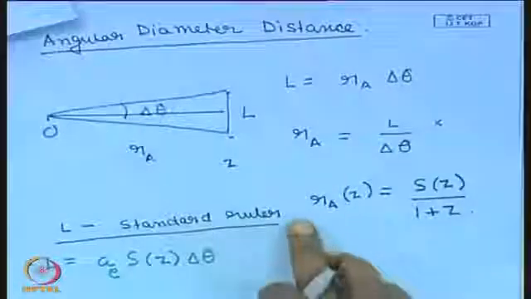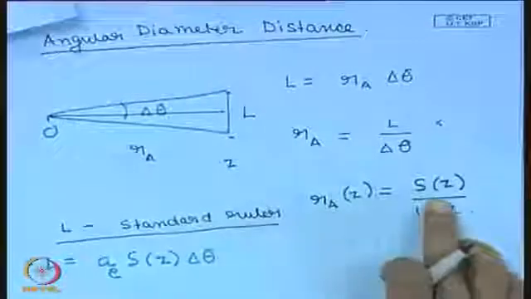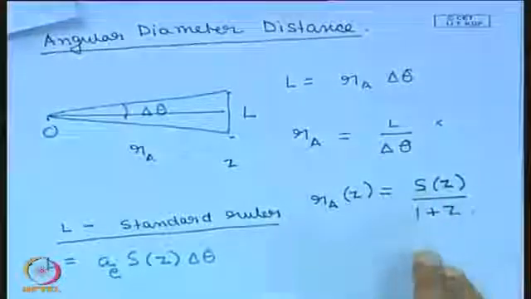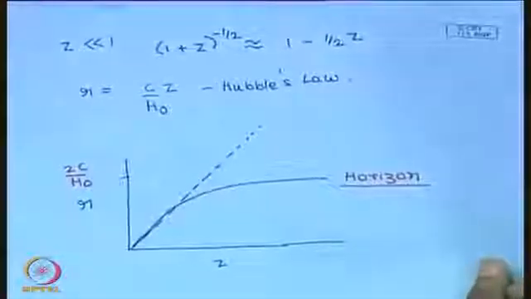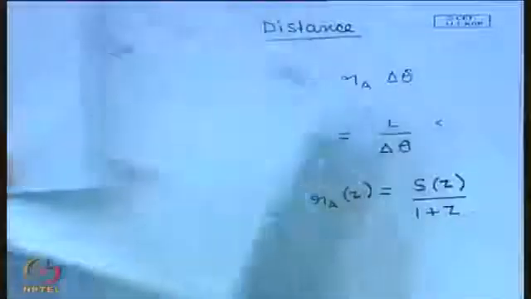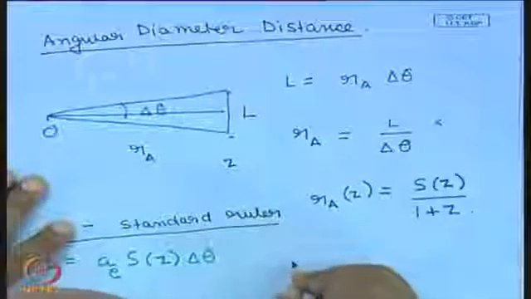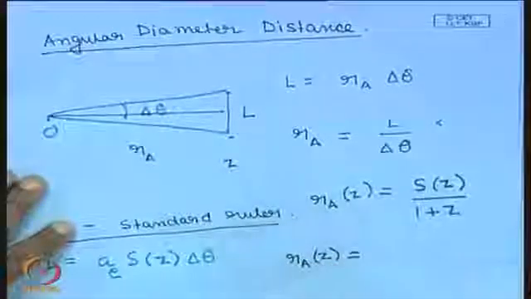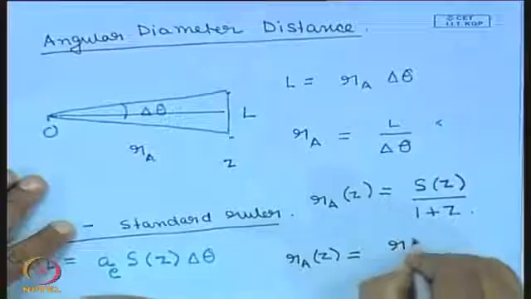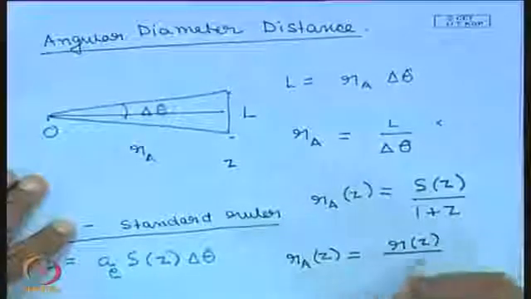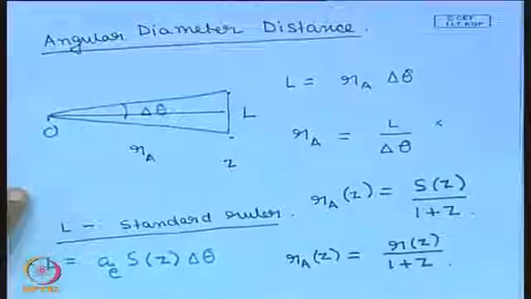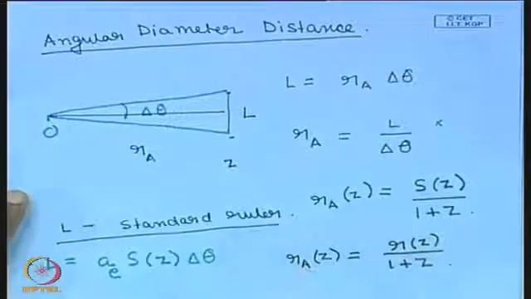The angular diameter distance in this particular model follows d_A of z equal to r of z divided by 1 plus z. That is the way the angular diameter distance behaves.